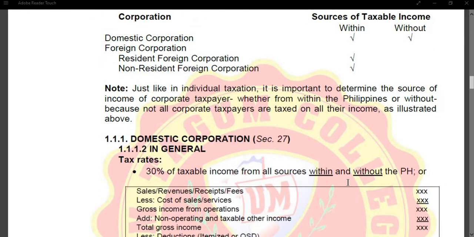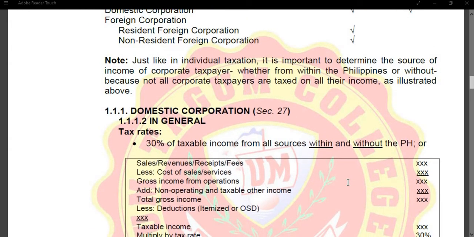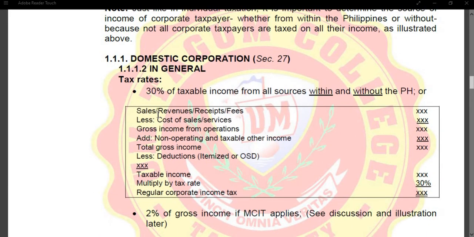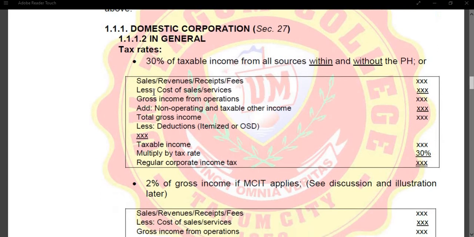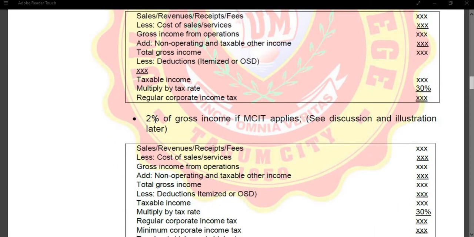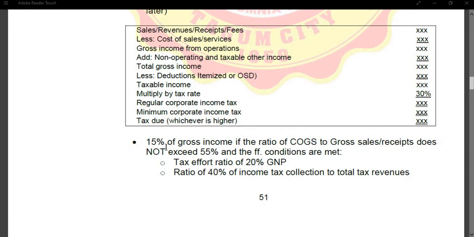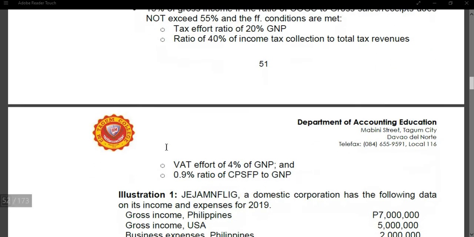For domestic corporation, we have the different applicable tax rates. First, you have the 30% regular corporate income tax. You have the 2% minimum corporate income tax. You have the 15% tax on gross income.